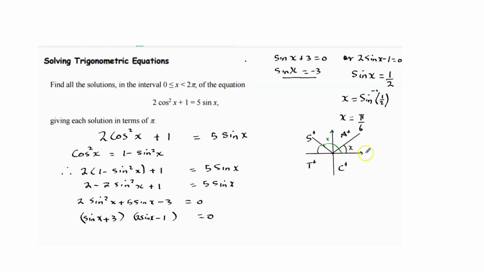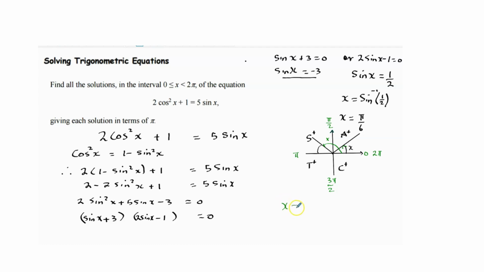Let's put in here 0 and also 2 pi, and pi over 2, which is 90 degrees, and this is pi, which is 180 degrees, and then this would be 3 pi over 2, which is 270 degrees. So if this region here is a solution, it means that this is going to be pi over 6 or 30 degrees. So we can start to write down the solution.